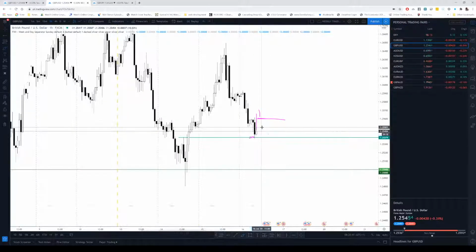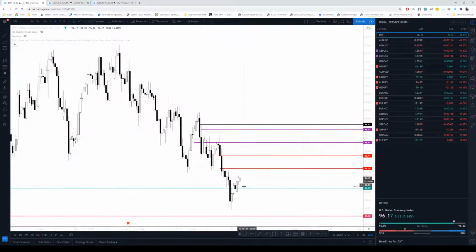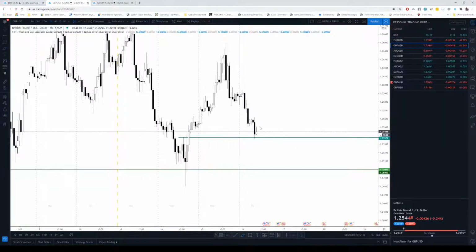That's how I'll personally take this trade, and that's how I'll tell my signal group to take it as well, because like I explained earlier, dollar can push a little bit up. If dollar does that, we could see this thing go down a little bit more.